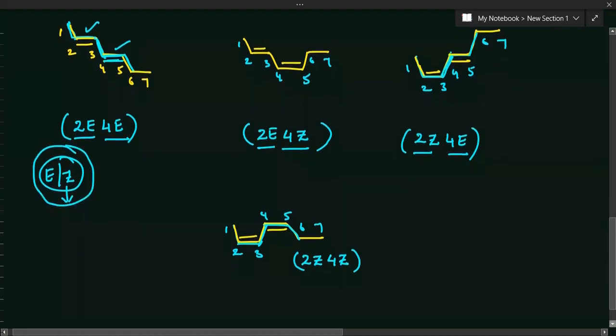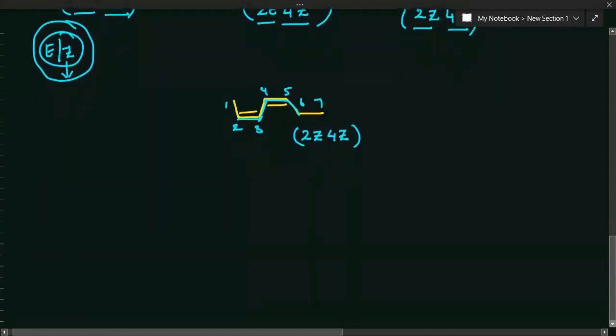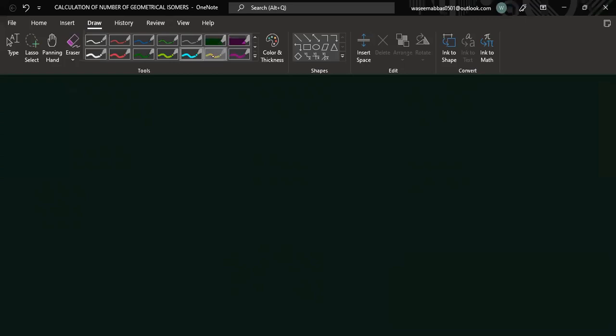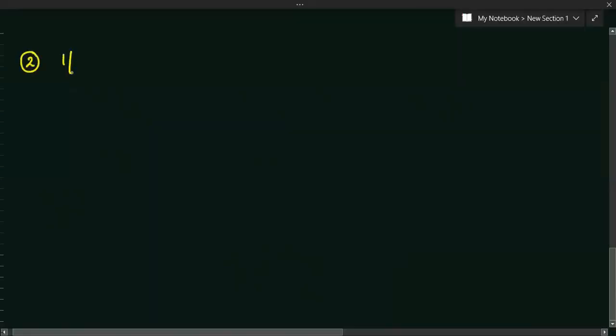Now coming to the next condition, that is, if the ends are the same. In this case, two conditions are possible.